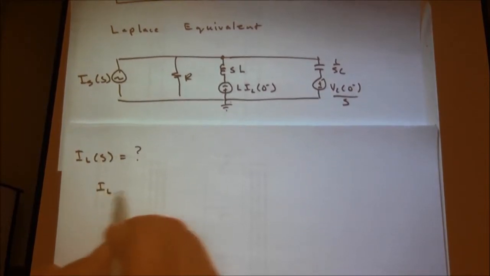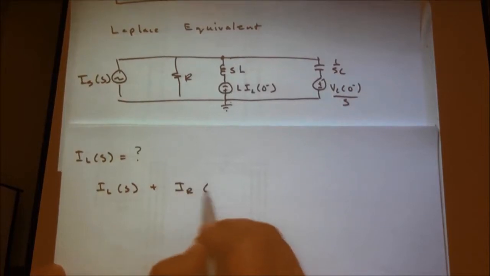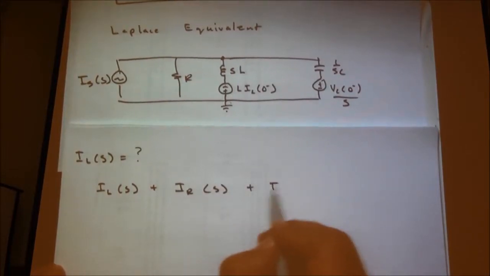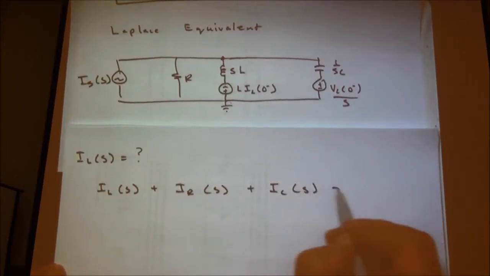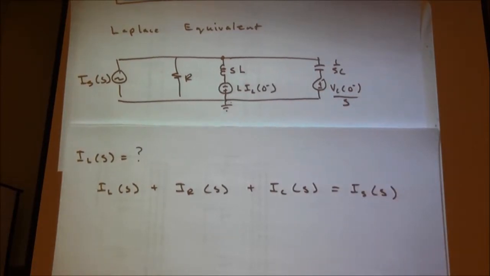And we can write this as IL of S plus IR of S plus IC of S. And we did the same thing in the time domain. Equals I source of S. So the current through the inductor plus the current through the resistor plus the current through the capacitor has to be equal to the current through the source.